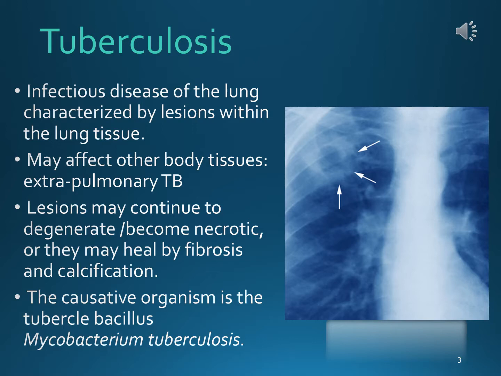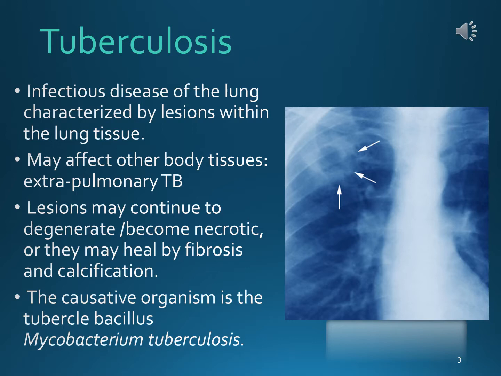Tuberculosis is caused by the tubercle bacillus, Mycobacterium tuberculosis, or M. tuberculosis. There is a method of staining that they use to identify it in the lab that uses an acid stain, and so they call this an acid-fast bacillus, AFB.